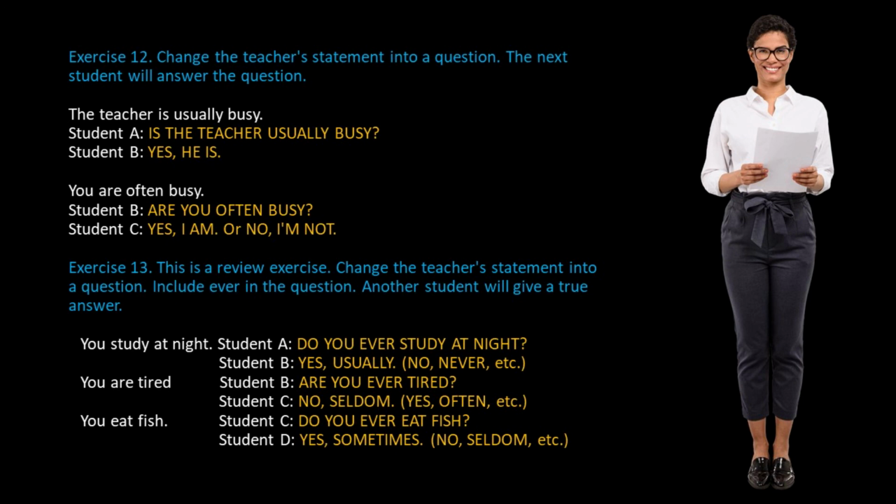Or, no, never, etc. You are tired. Student B: Are you ever tired? Student C: No, seldom. Or, yes, often, etc. You eat fish. Student C: Do you ever eat fish? Student D: Yes, sometimes. Or, no, seldom, etc.